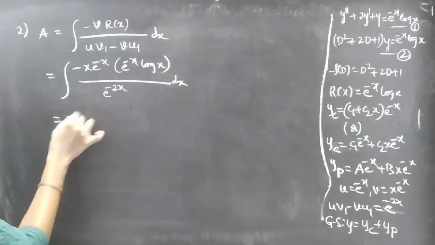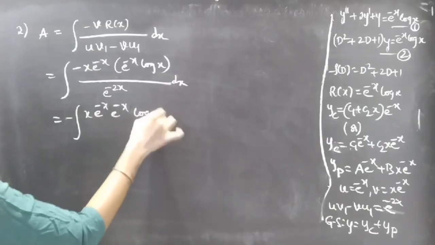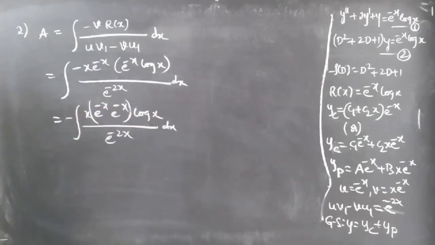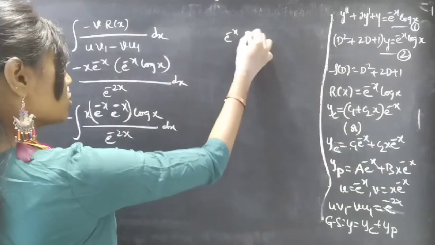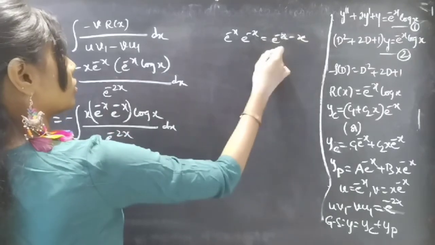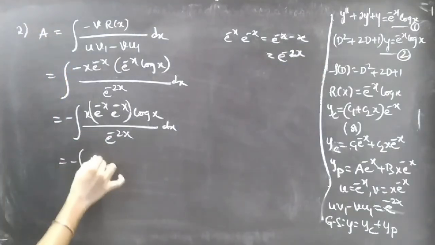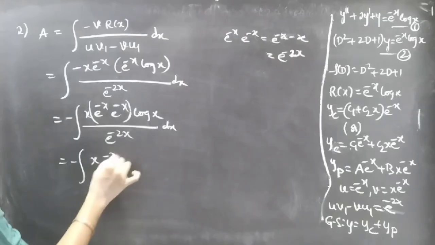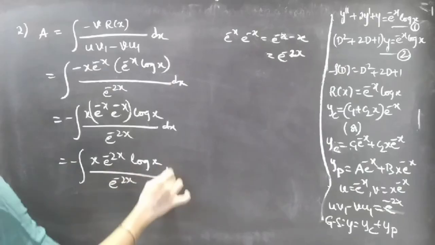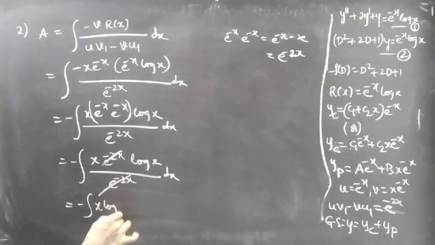This gives us minus integral x e power minus x into e power minus x log x by e power minus 2x dx. We know that e power minus x into e power minus x can be written as e power minus 2x, right? Let's replace it, giving e power minus 2x log x by e power minus 2x dx. So here e power minus 2x gets cancelled and you'll get minus integral x log x dx.